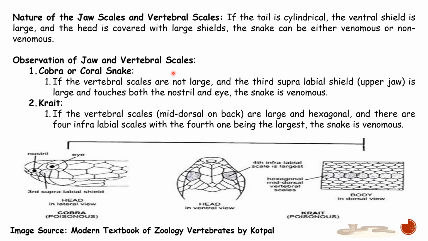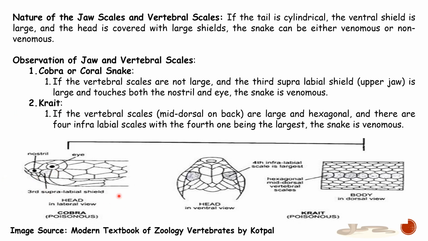Now these pictures are showing that the vertebral scales are not large, but the third supralabial shield of the upper jaw, where I'm pointing out, is large, and it is touching both the eye and the nostril.